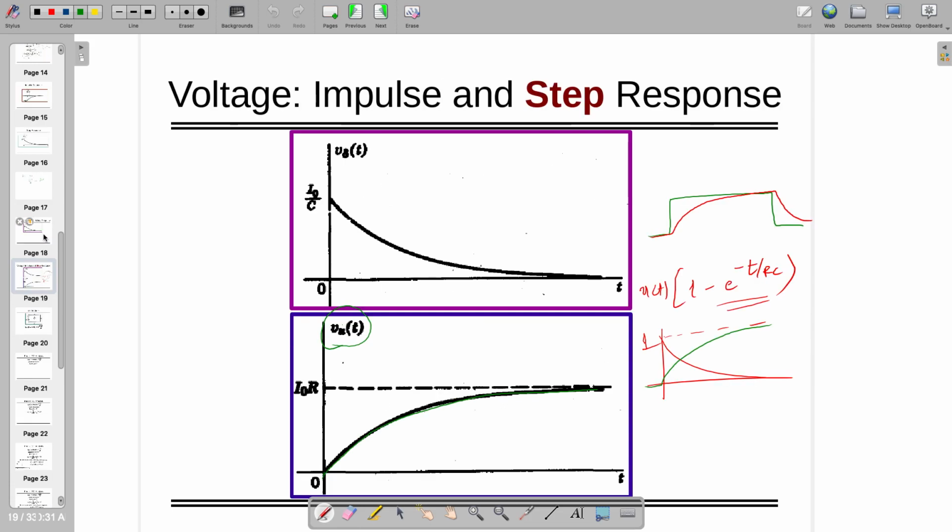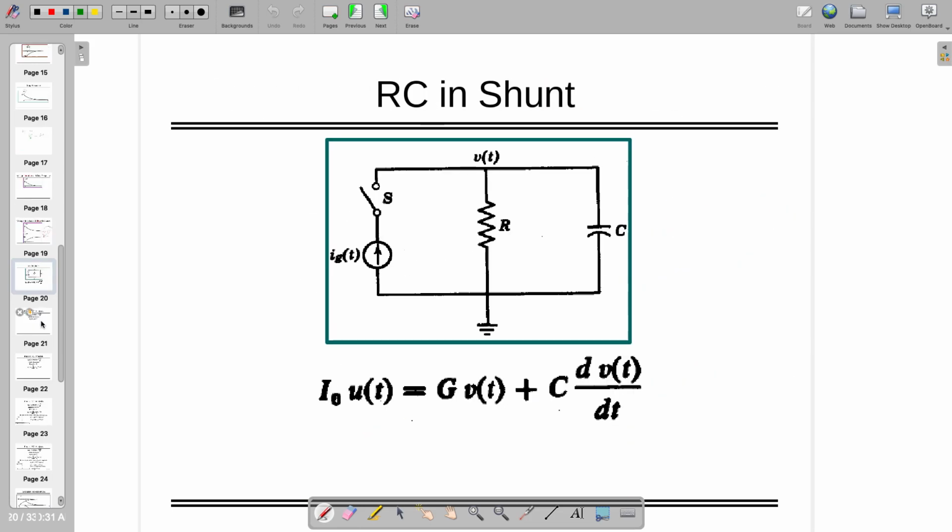Okay, let's look at this circuit. Can you try to solve this for impulse and step? The technique says you have to write down the equation. Right now what I am giving is a step of current.